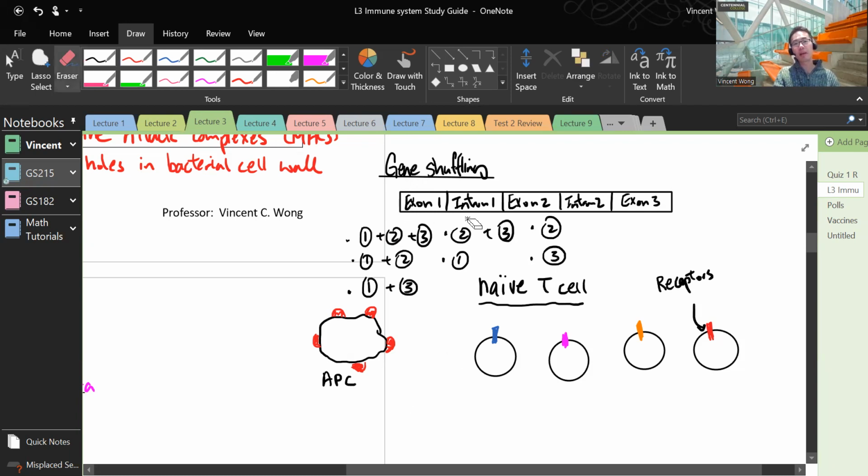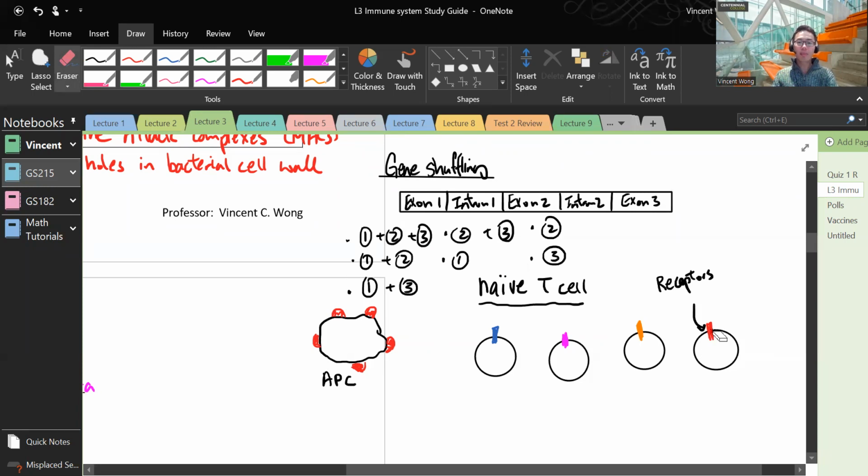So just by having 3 exons, you can create 7 different types of receptors, potentially. But in reality, the genes that encode these receptors have hundreds and thousands of exons, and therefore you can have virtually billions of different combinations when it comes to creating a receptor. Does that make any sense?